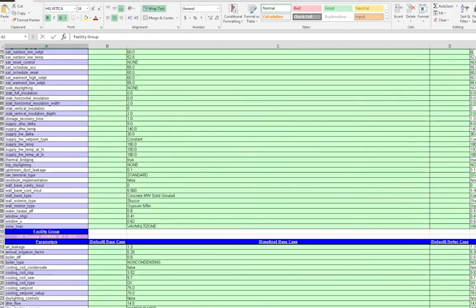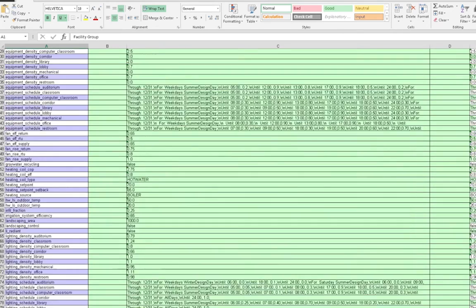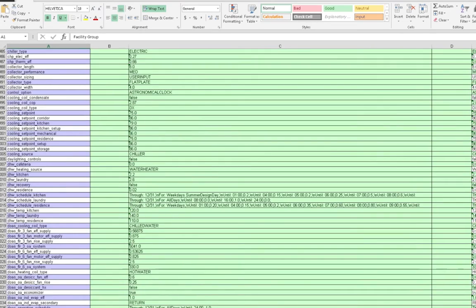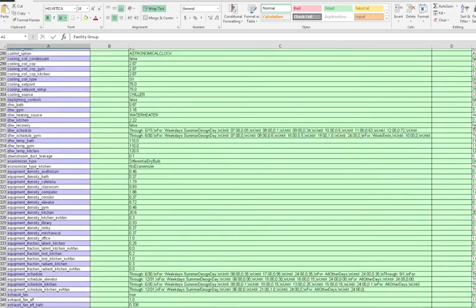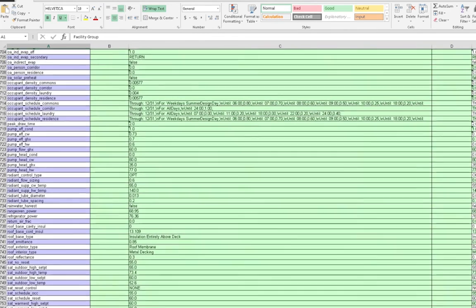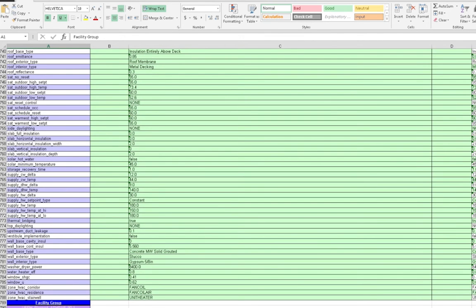So one allows you to go through and look at all the changes per all the different packages, and this just shows you what was selected. And if you have a good idea of what was in all those packages, then this helps you get the information out for reports. You can pull the R values out for the insulation, the type of window glass. You can see what the interior types are, what the wall types are.